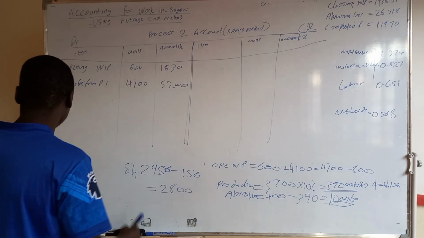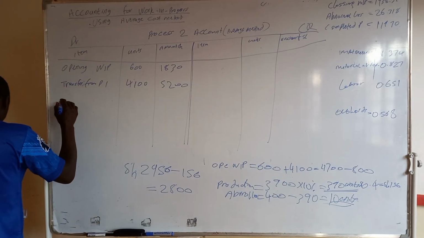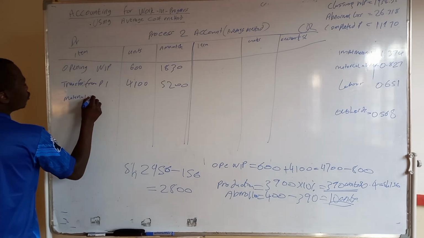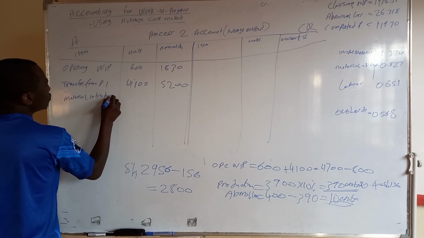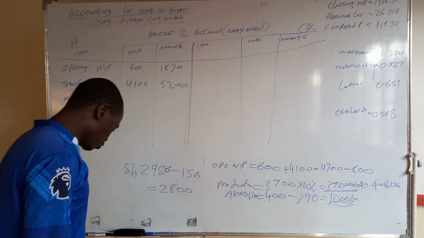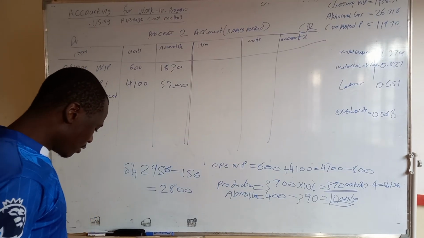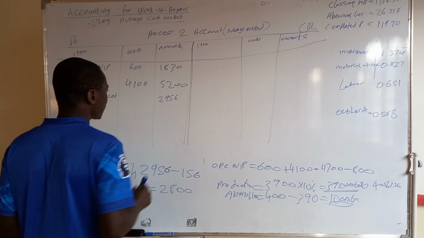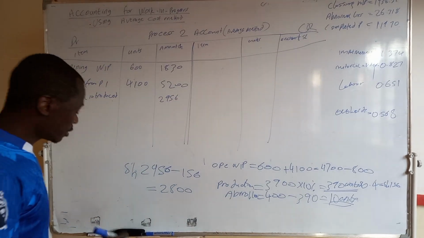Then we have material introduced. We were told it was 2,956. That was the material introduced.